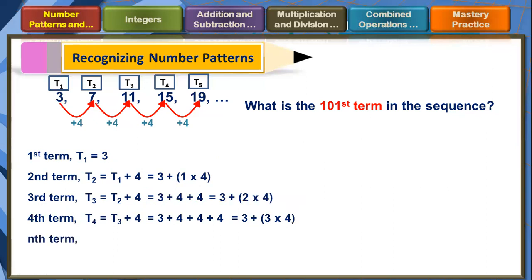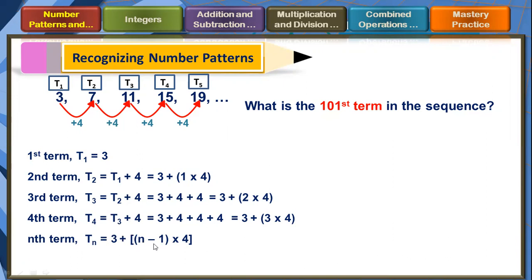So for the nth term, we have n. We have the pattern already here. So how do we find n? Here, as you can see, we have n minus 1 because we don't know the number yet for n. We just subtract 1 from it because it's the same thing that happened here. So n is the term number.